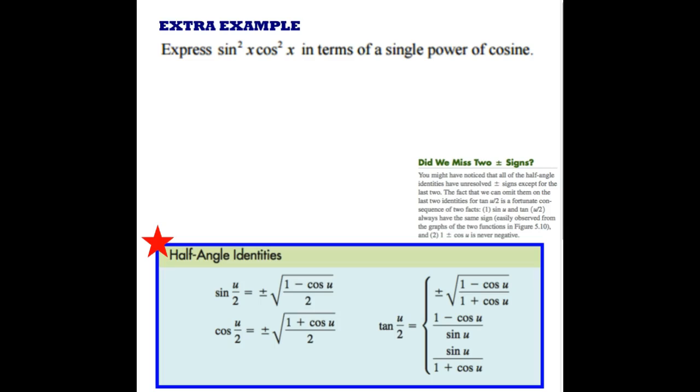Let's try one more of those power reducing. We have sine squared of x times cosine squared of x. And they want us to break it down into a single power of cosine. So go back to your power reducing rules. What was the formula we had for the sine squared?